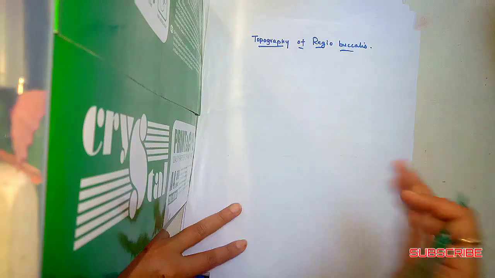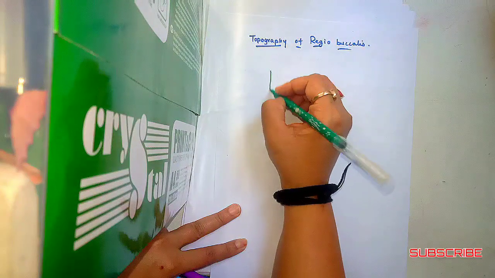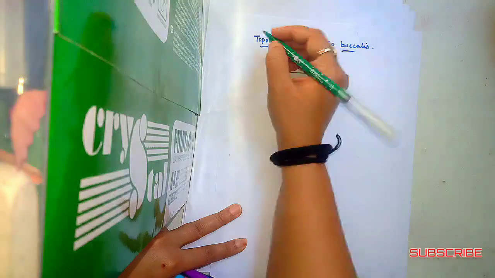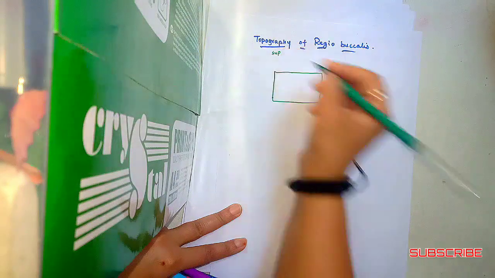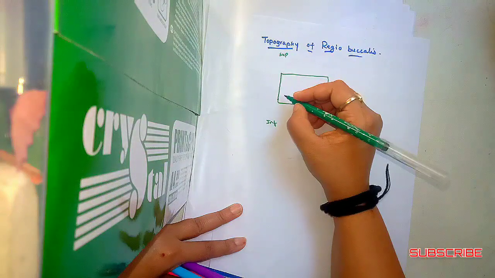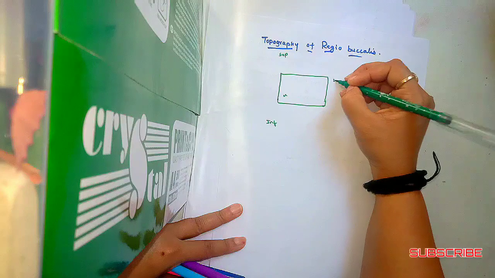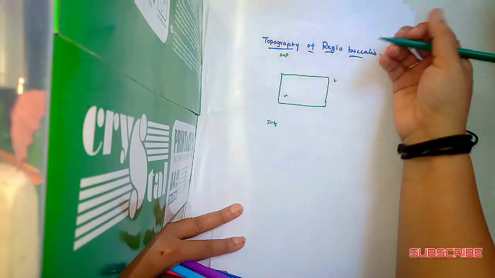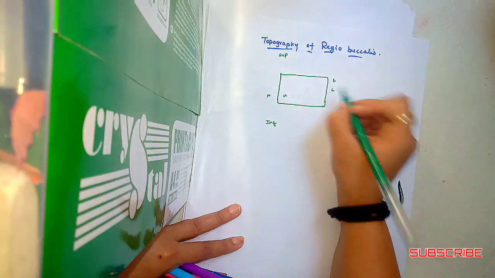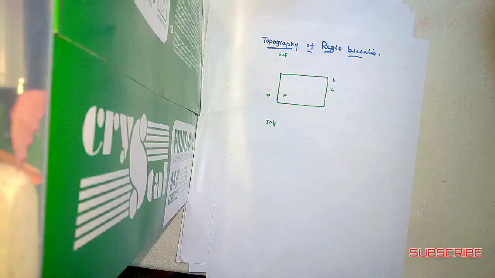Here we have something different: this is superior, as usual this is inferior, but it has medial and lateral sides. On this side we will have medial and here lateral. Do you understand that?